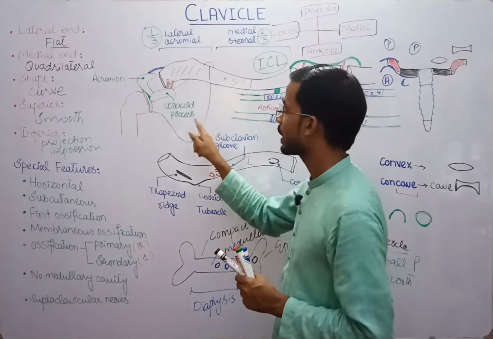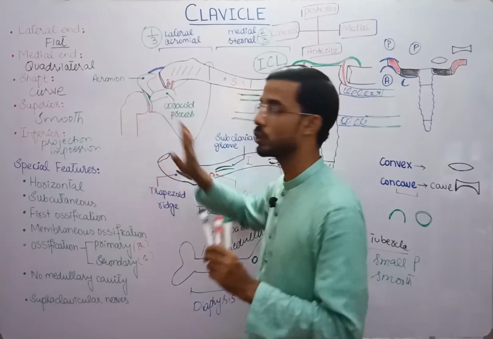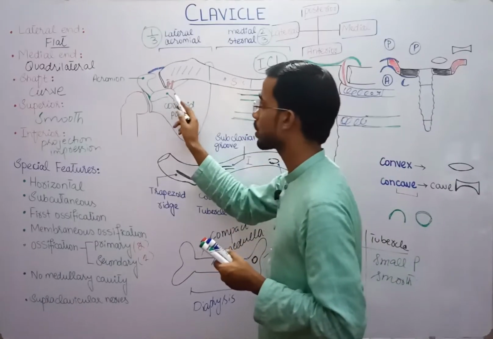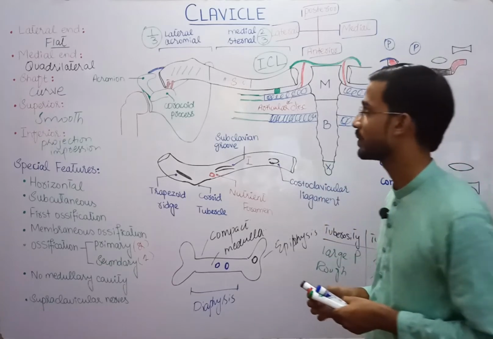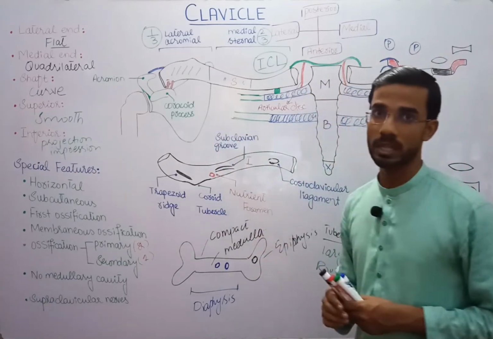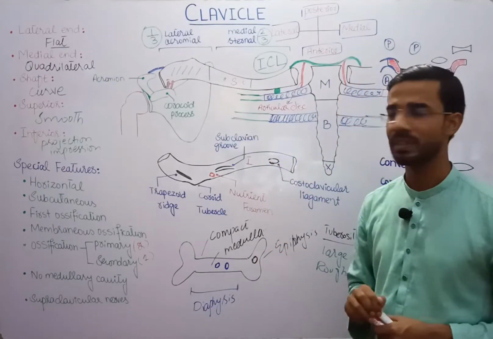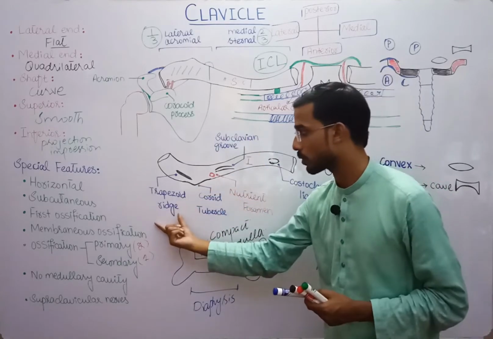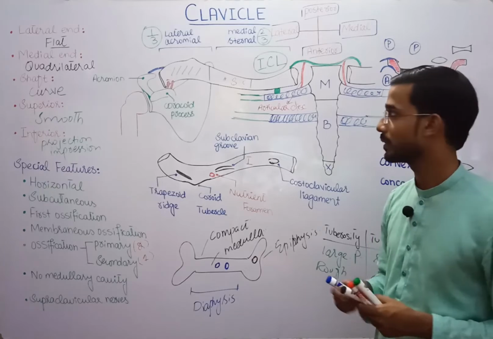And this is the scapula, and there is a glenoid cavity with which the humerus articulates, and there is another process which is called the coracoid process of the scapula. This coracoid process has two ligaments which attach to the clavicle. Actually, we saw in the inferior view there is the trapezoid ridge and the coracoid tubercle.